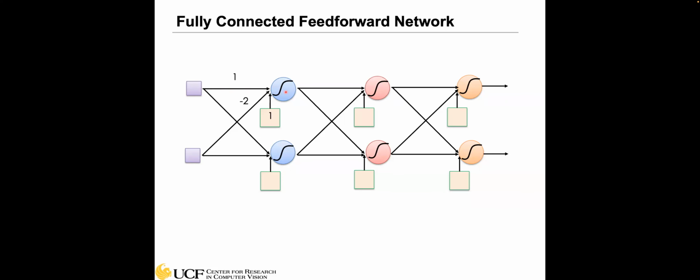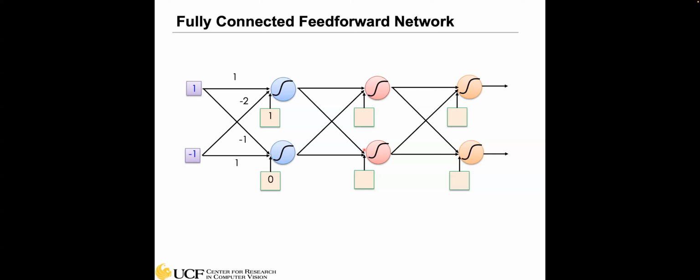This neuron connects to this input and another input. This neuron also has connections to this input and another input. So they are all connected. I have these weights and also the bias. As you can see, these are 2 different neurons with different parameters, the weights and the biases are different.